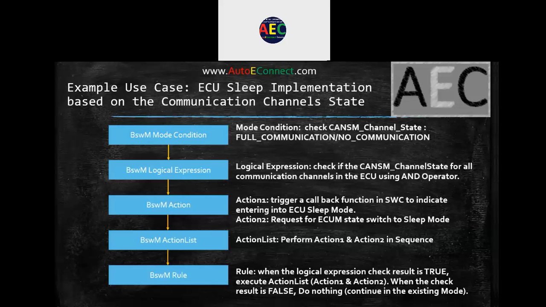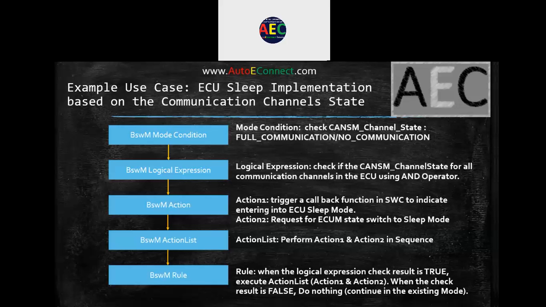So when I have to check the channel state for all the communication modules, along with CAN SM, I should also take the communication status from LIN SM. In that case, I will give the information about the CAN SM channel state and the LIN SM channel state as my mode conditions.